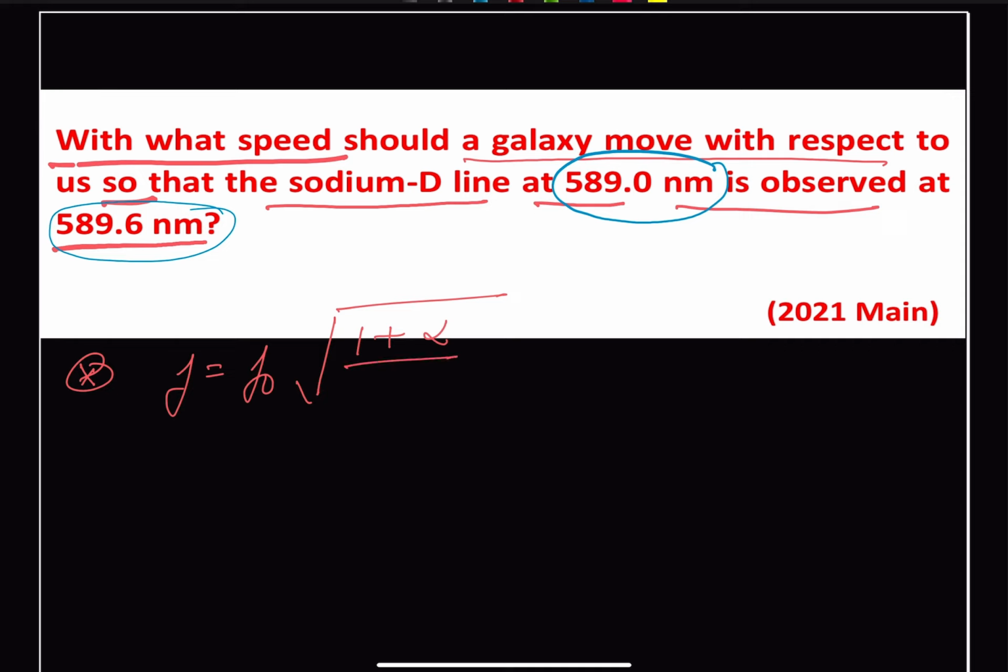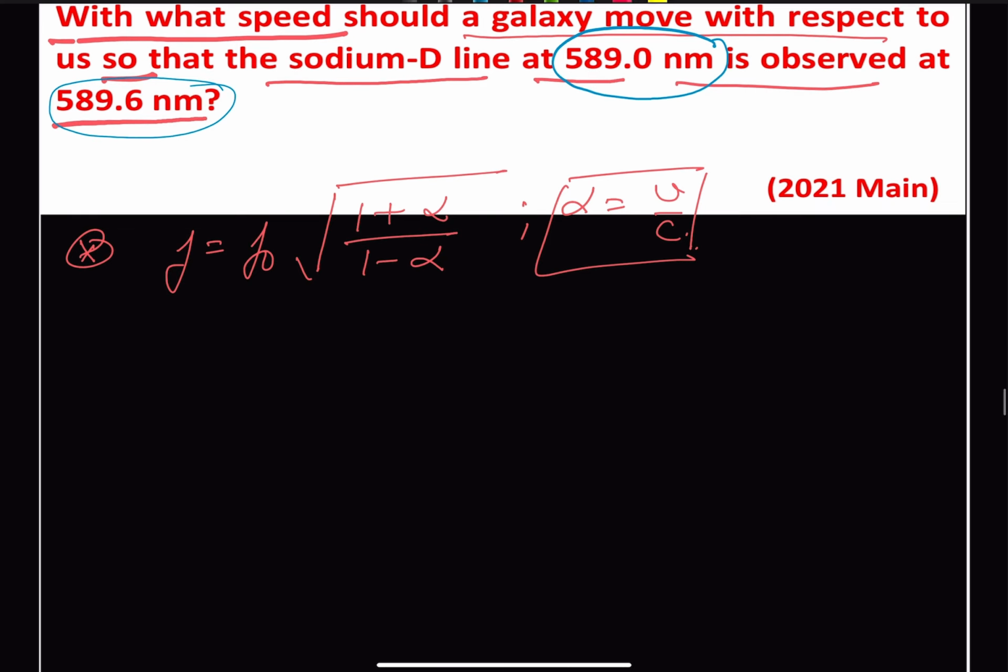So this 1 plus alpha, 1 minus alpha, and here alpha is given as V upon C. One second, sorry, let me sort it out first.